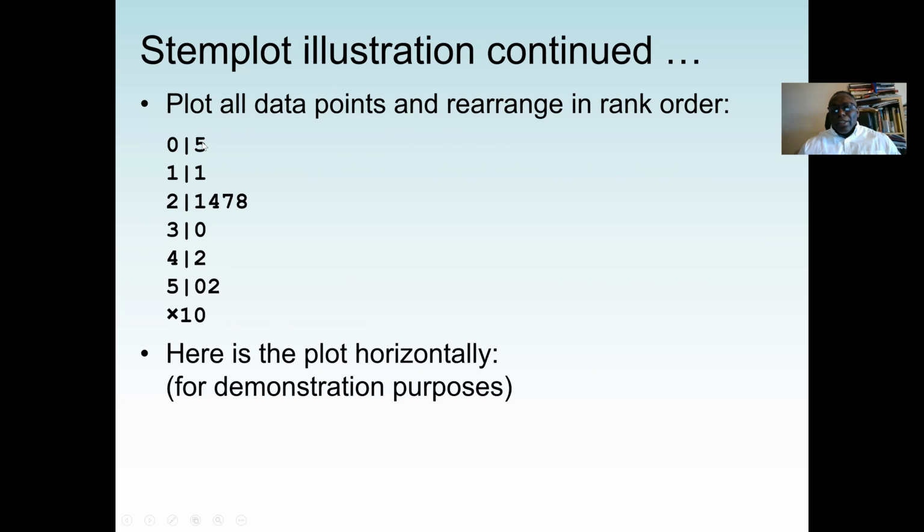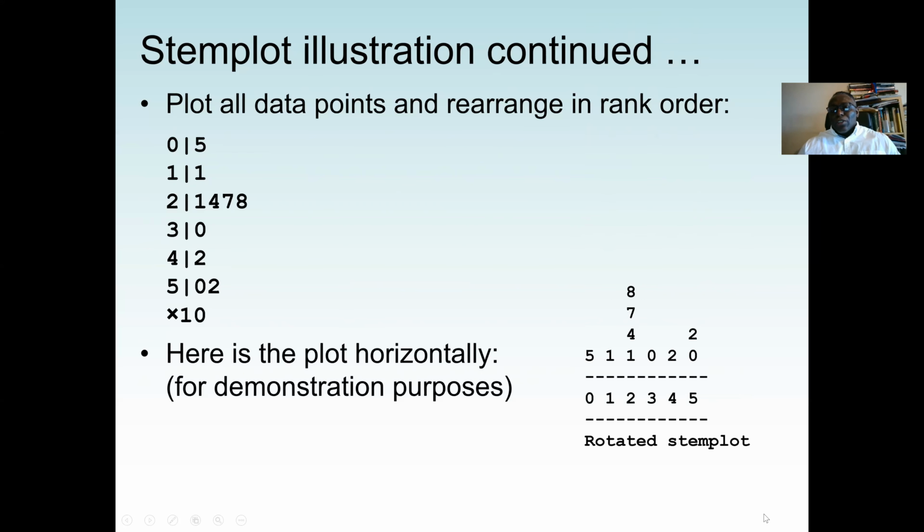Again, the right side of the vertical line is called the leaves, and the left side, which is the leading digits, is called the stem. We can plot this horizontally also. Horizontal can give us the shape, whether it's skewed to the right, skewed to the left, has no clear shape, or is bell-shaped, a normal curve.